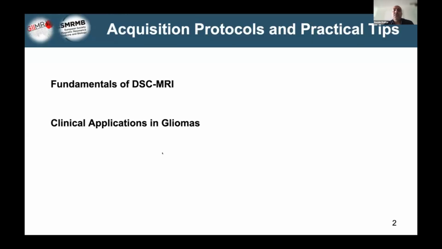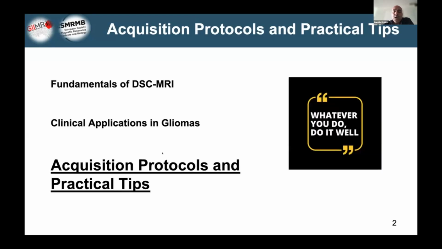Building on the previous talks, we have already covered the fundamentals of DSC and its clinical applications in gliomas. My focus will be on the practical side: how we actually perform DSC in a clinical setting. We are dealing with a susceptibility-based perfusion technique driven by a gadolinium bolus, and as you know, the quality of the results depends heavily on how the acquisition is performed.